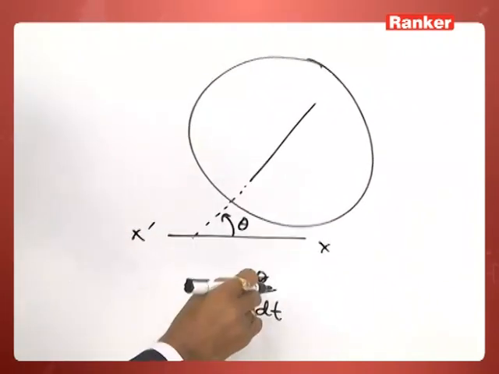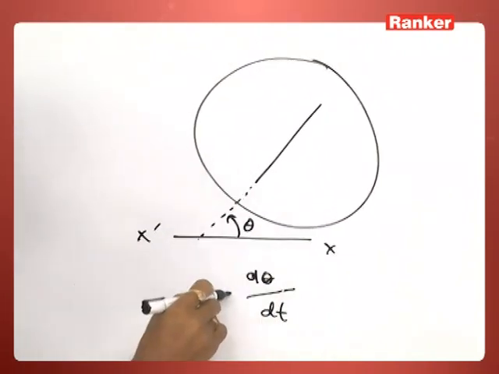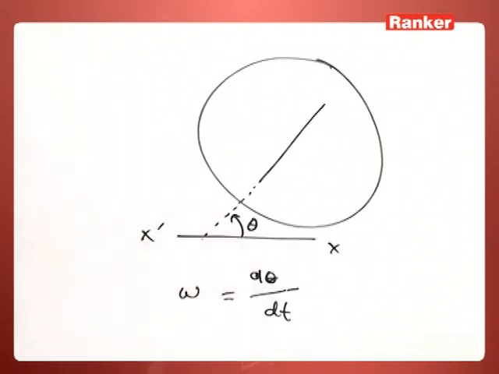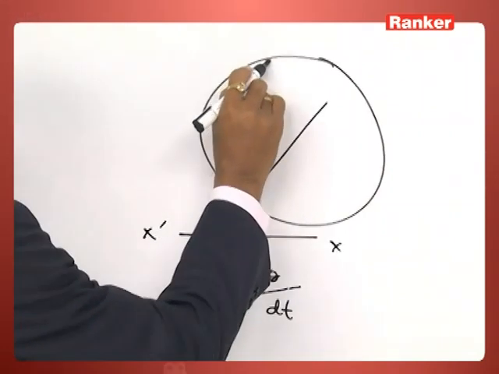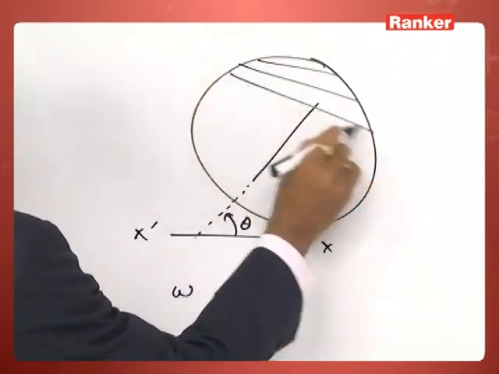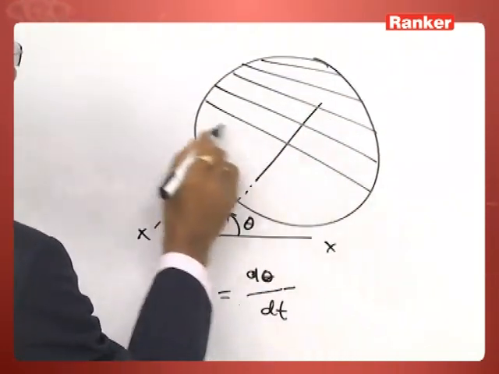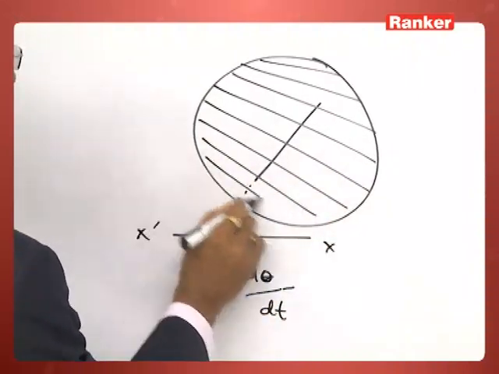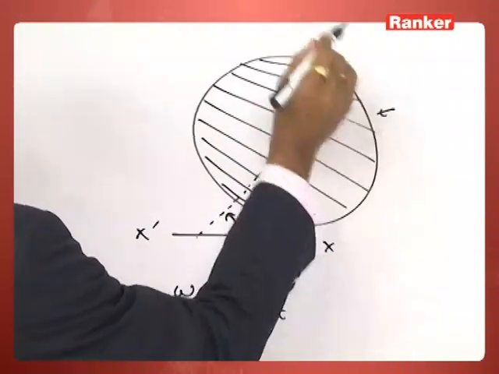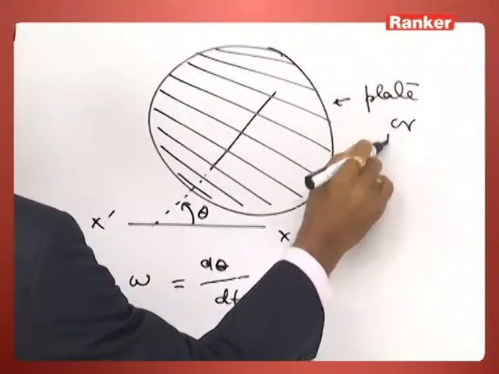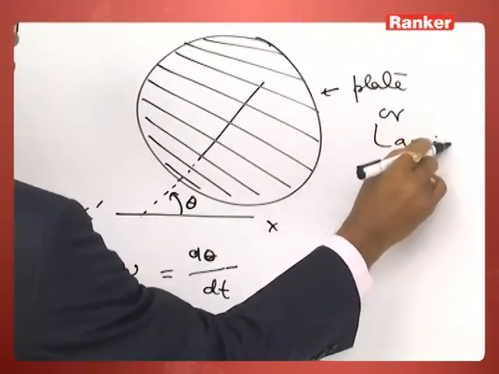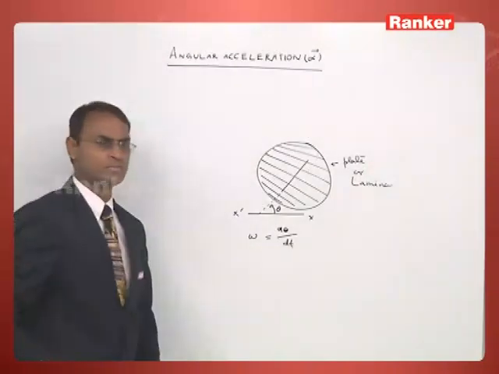At what rate this theta is changing, that is the angular velocity of the object. This is the plate of any size and shape. Plate or lamina.